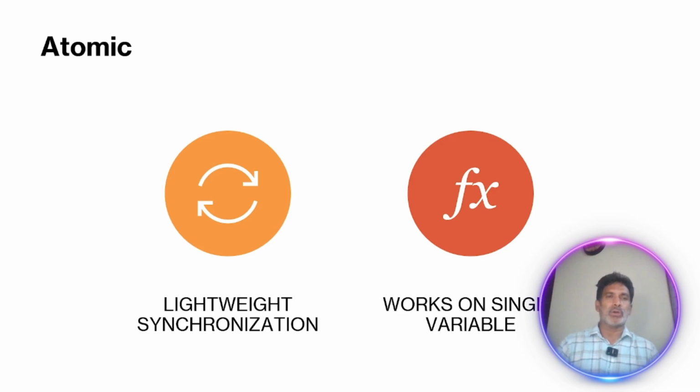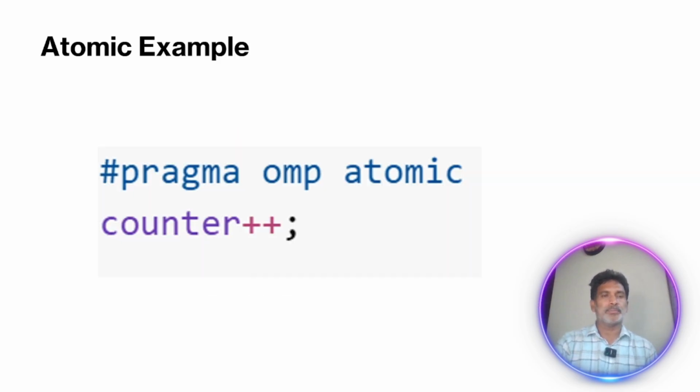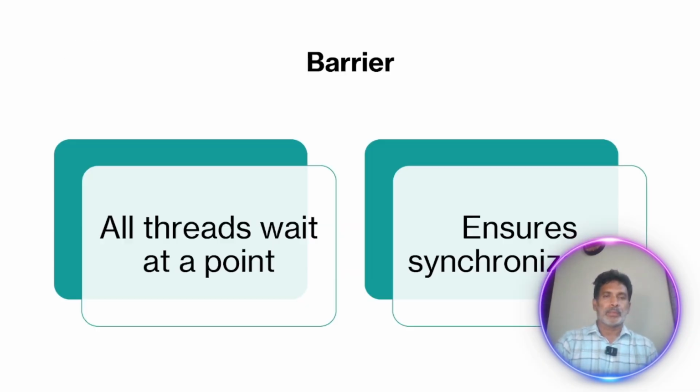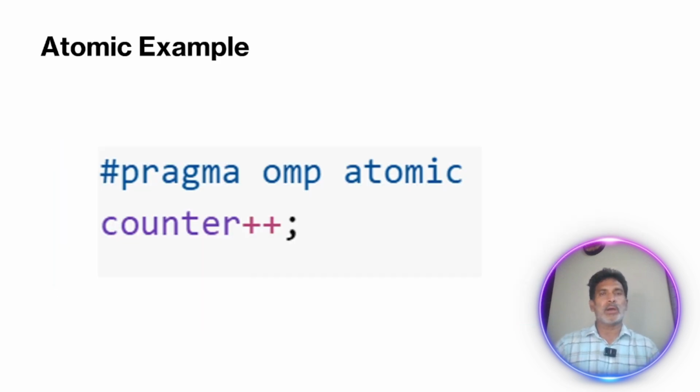And this is how the simple atomic code would look. And before that, let us compare the difference between atomic and critical. Atomic is mainly best for simple single line updates, whereas critical is used for complex operations involving multiple statements.